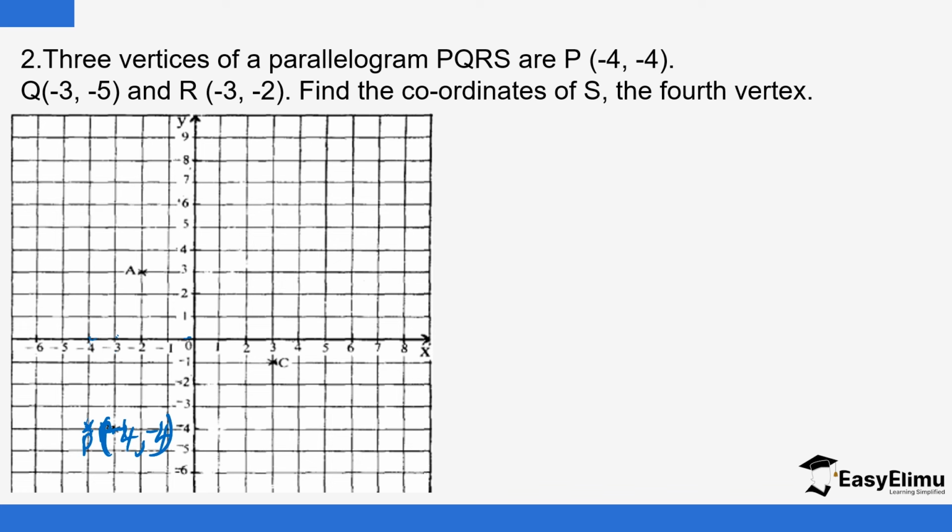Then Q, (-3, -5). That is too close, so let me take -1 here. So (-3, -1) would be somewhere here. That is Q. And then R is (-3, -2).